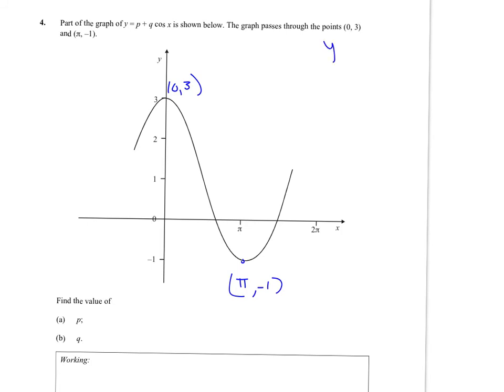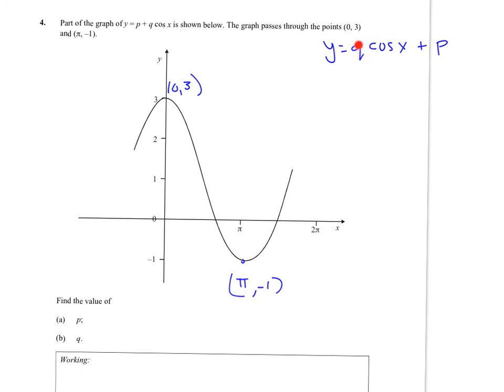One thing I might do is rewrite this in a form that looks more similar to what we've seen. You don't have to, but it definitely doesn't hurt. We can see that negative 1 is the minimum of that graph and that (0, 3) is the maximum. So we're working on figuring out what P and Q are.